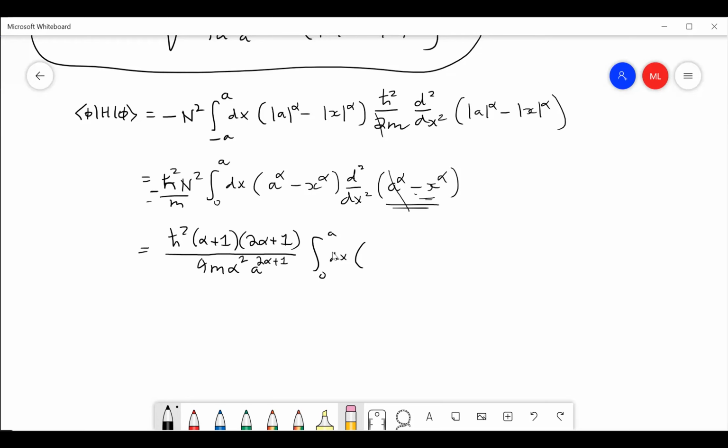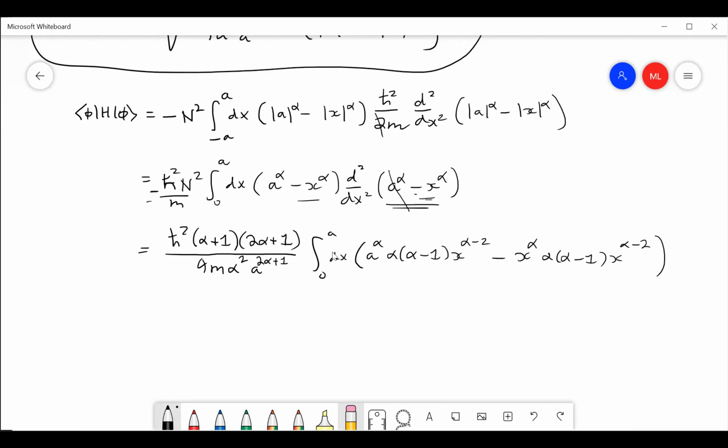So those minus signs cancel, and you get a to the alpha times alpha minus 1, and then it's x raised to the alpha minus 2. And then you get the same thing, minus x to the alpha. That's this term right here. Alpha minus 1, x to the alpha minus 2. So I just multiplied the stuff out.